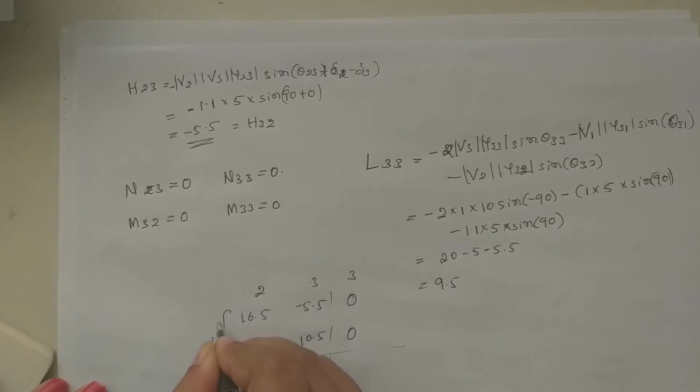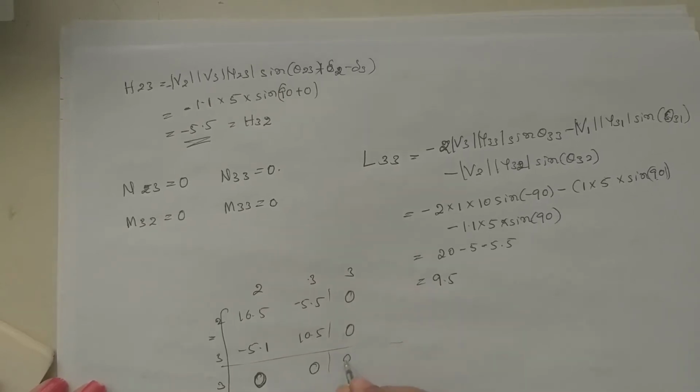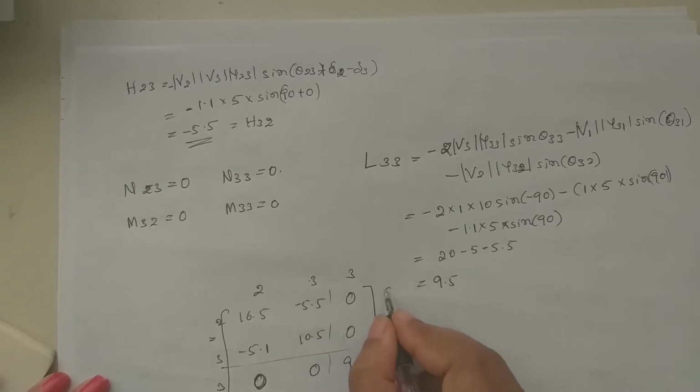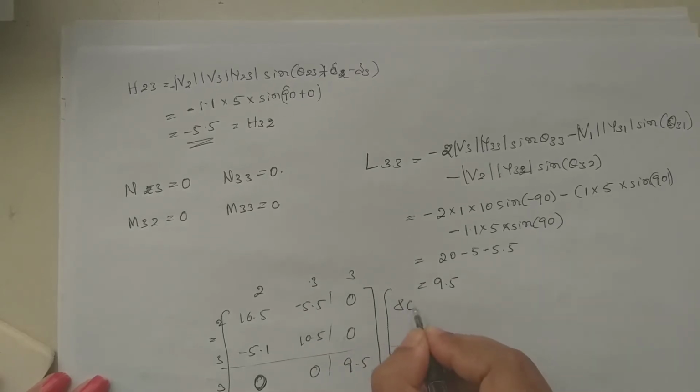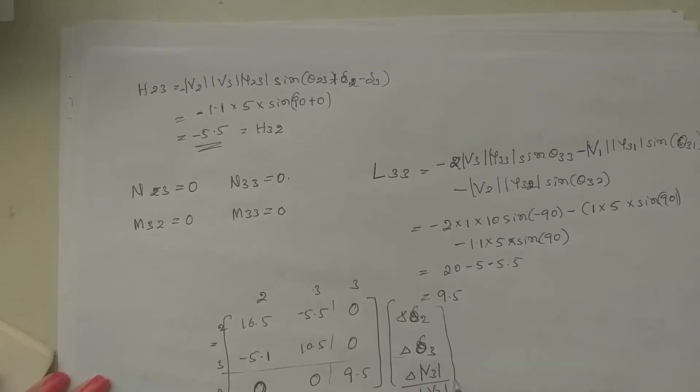Here it is 0, here it is 0, and this is 9.5, into Δθ2, Δθ3, ΔV3. In per unit we represent it by ΔV3 divided by V3, which is equal to ΔP2, ΔP3, ΔQ3.